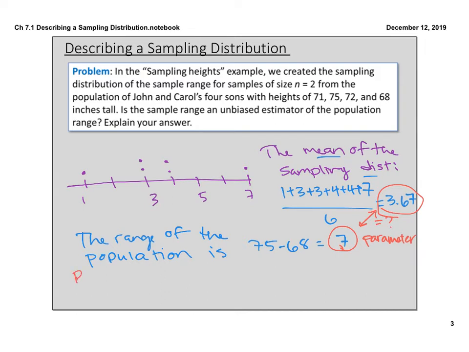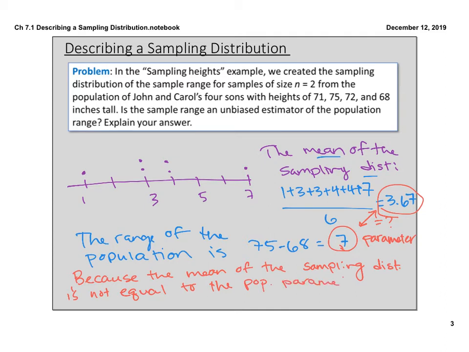Because the mean of the sampling distribution is not equal to the population parameter, this is not an unbiased estimator.